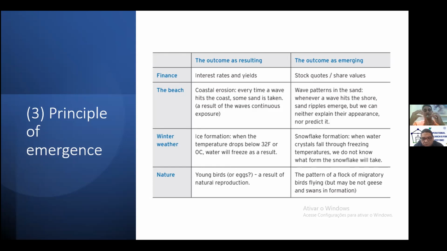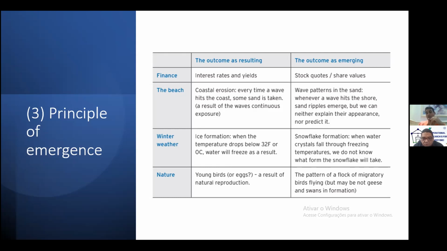For another example, the beach. If we just take one look at the beach, coastal erosion, we'll see that every time a wave hits the coast, some sand is taken as a result of the wave's continuous exposure. But when we look at the same situation as something that is emerging from it, we can see wave patterns in the sand.